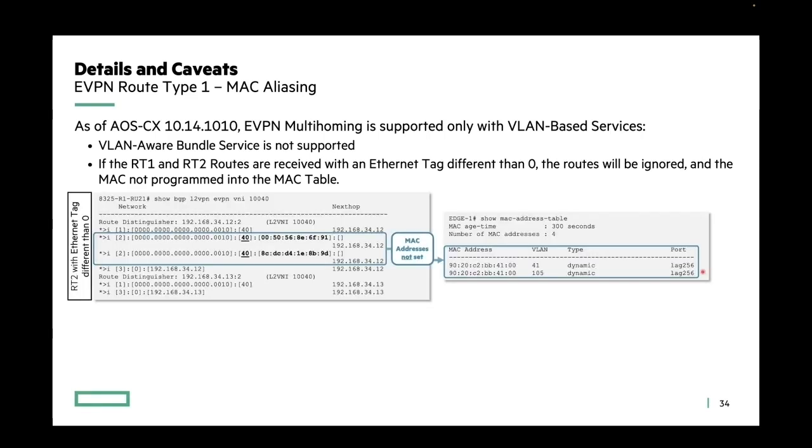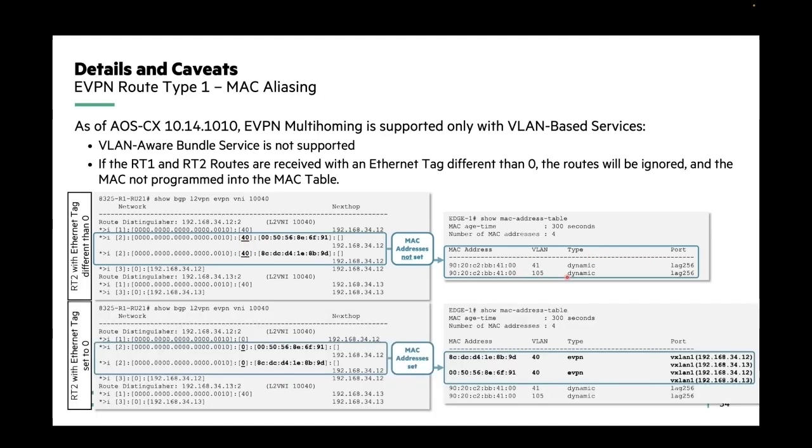If we look at this example, we can see here that we have two RT2 received with an Ethernet tag set to 40, and the MAC addresses are not set into the MAC table. On the other hand, with an Ethernet tag set to 0, MAC addresses are correctly programmed into the MAC table, even more with the two multi-homing VTEPs set as active next hops.